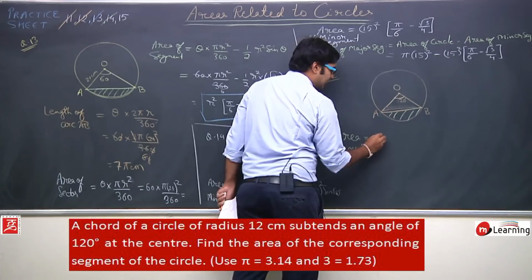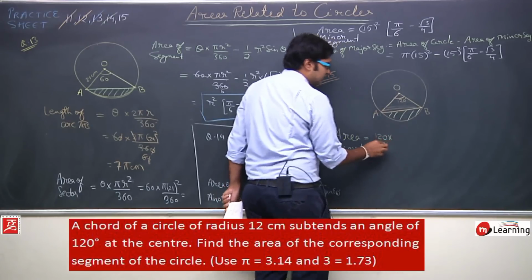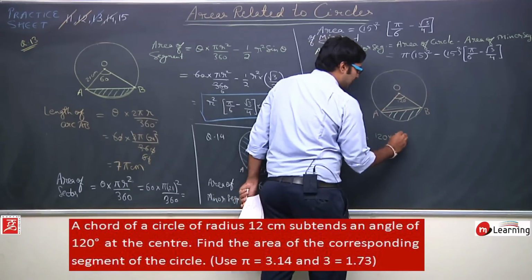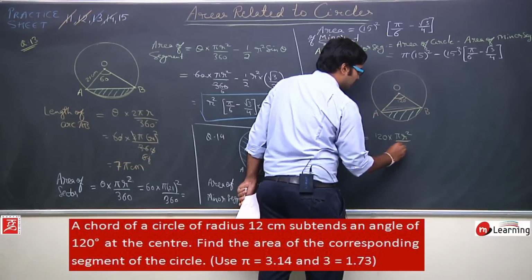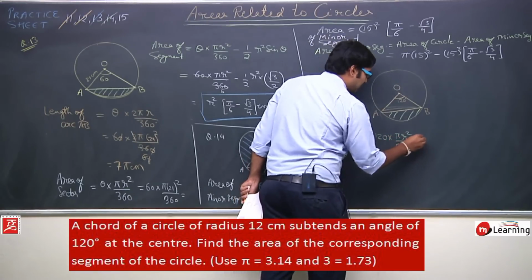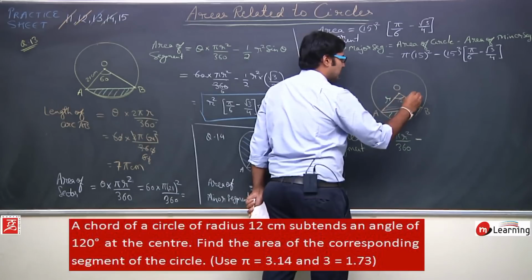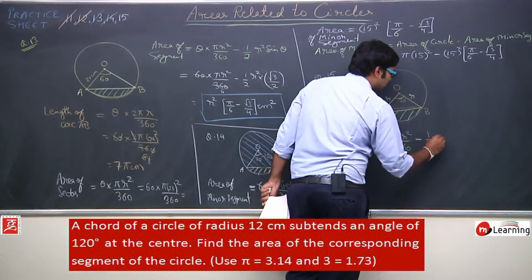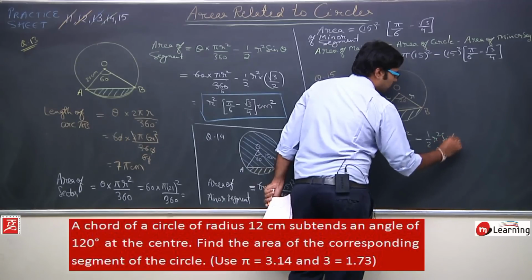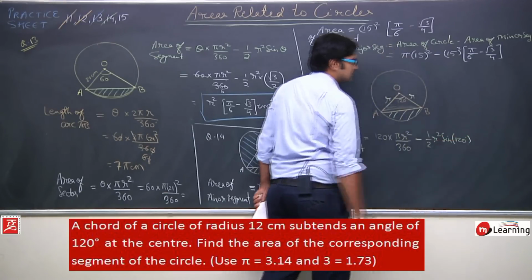The sector is 120 into pi into r square upon 360, minus, let us say this is r, half into r square into sine of 120 degrees.